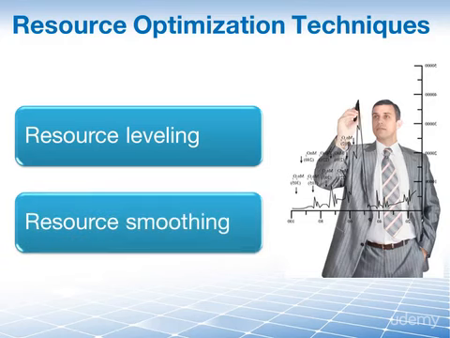And then resource smoothing creates an updated project schedule by analyzing schedule data using schedule network analysis method. Okay, let's look at each of these 2 techniques in more detail, beginning with resource leveling, shall we?